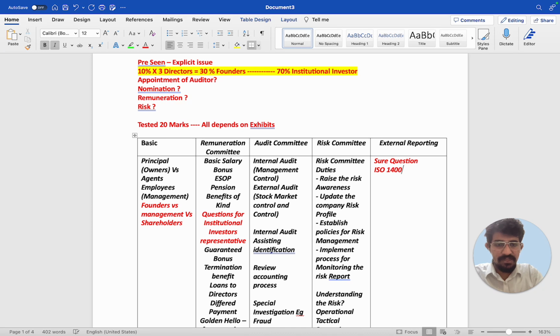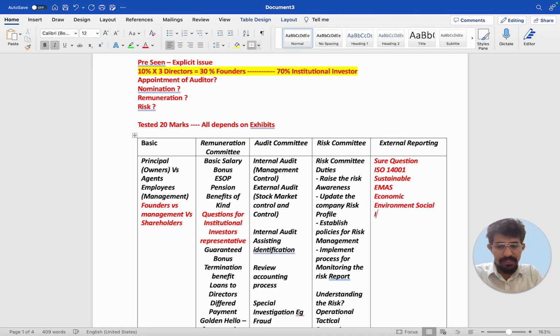So ISO 14001. Students, just to give you one thing, that is focusing on sustainable audit, and then students, if I'm not mistaken, EMAS is also there, the Eco Management and Audit Scheme. And then students, there is something called economy, environment and social, that is one more factor on voluntary reporting.